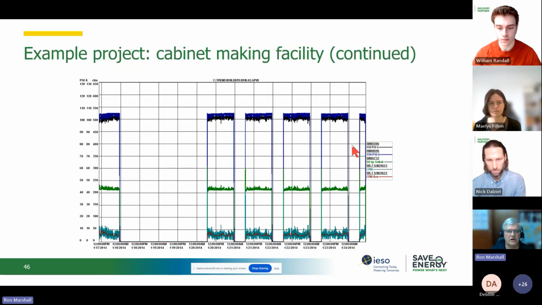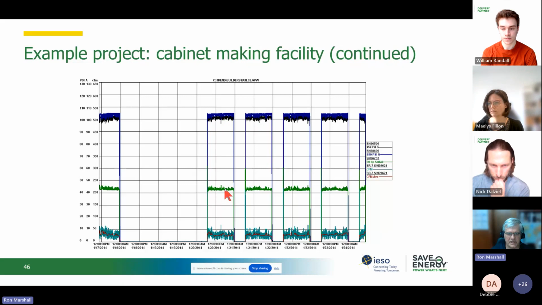So here's a time-based chart. We can see it's a typical kind of cyclical operation throughout the week, with no weekend operation and no midnight shift operation. We can see not a sawtooth waveform here, so that confirms that it's running in modulation, right?